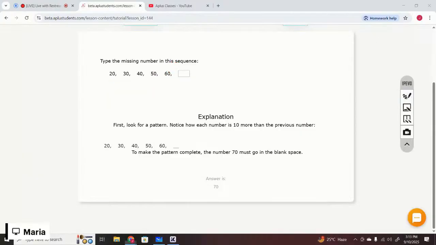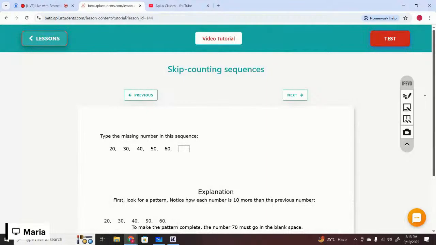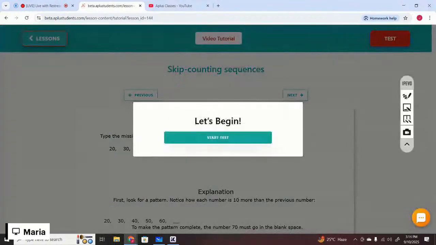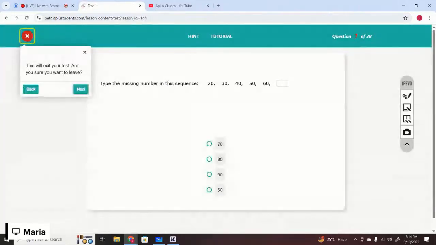Okay, let's start with the test questions. Basically, we need to find how the pattern is growing and then we have to find the next number in the pattern, right? Type the missing number in the sequence.